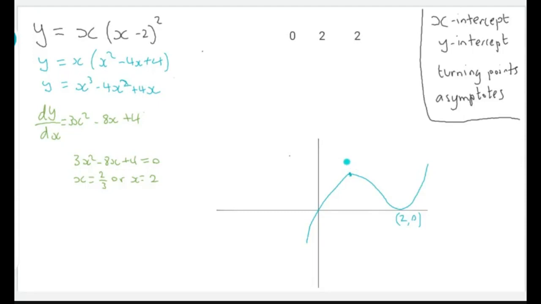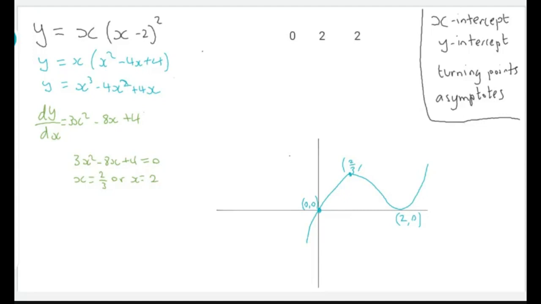This coordinate is going to be 2/3. What's the y coordinate of that turning point? The turning point would be 0, wouldn't it?